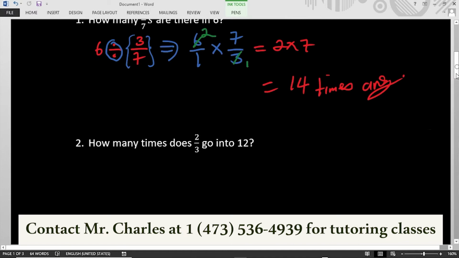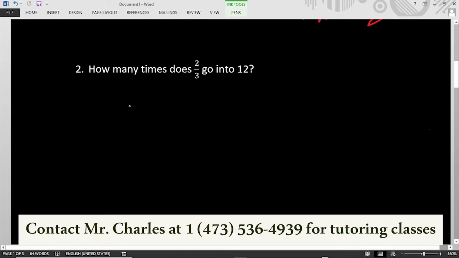How many times does 2/3 go into 12? We use the same method. So we say 12 divided by 2/3. That implies 12/1 multiplied by 3/2.